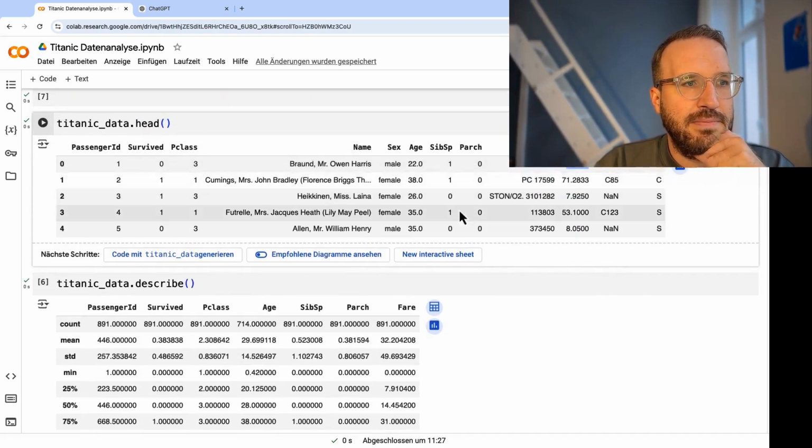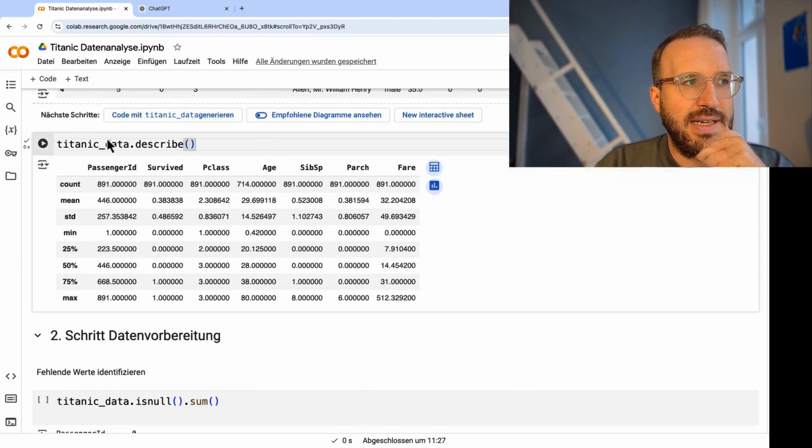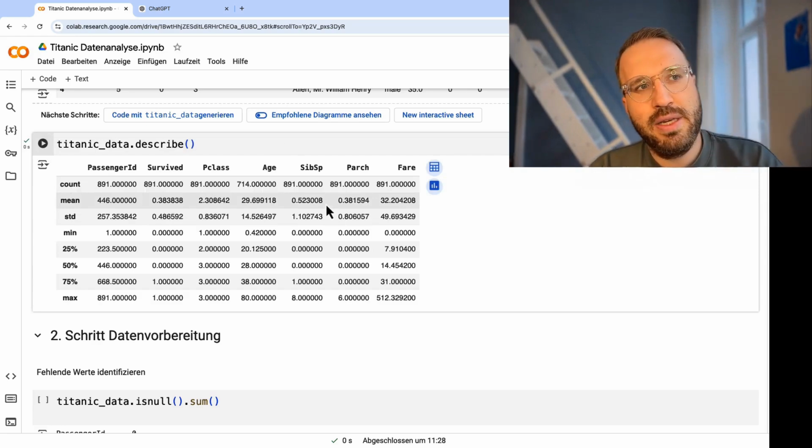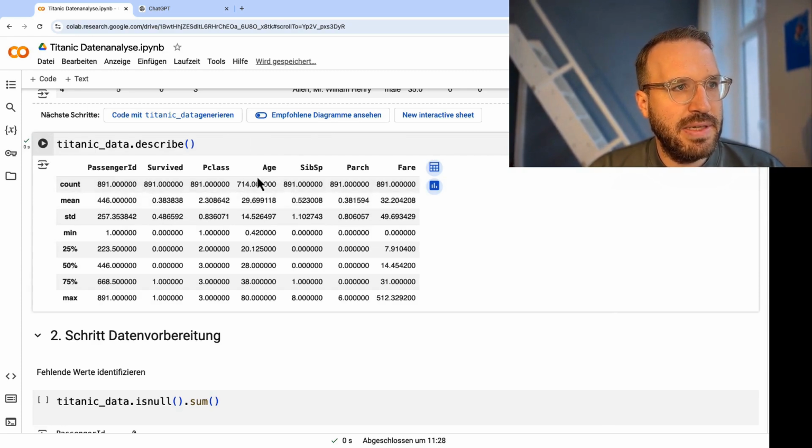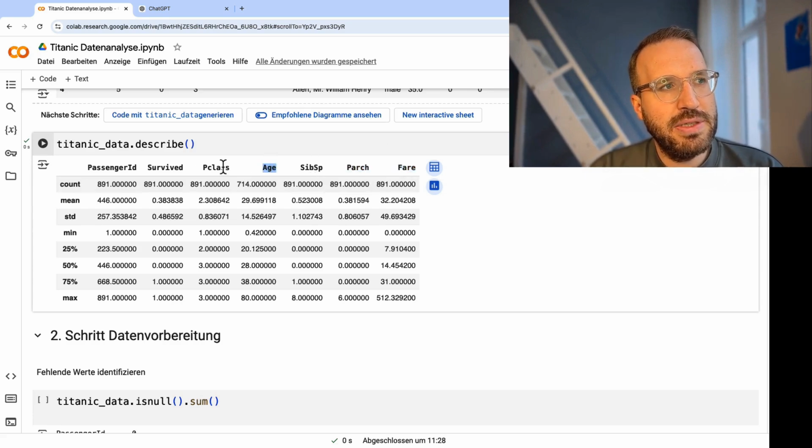Now we have this data, and what we can do is take a look at the describe method, which already contains a lot of what we learned in the lecture. You can see, for all the numerical features, the count, which indicates the absolute frequency, that is, how many times the value exists.